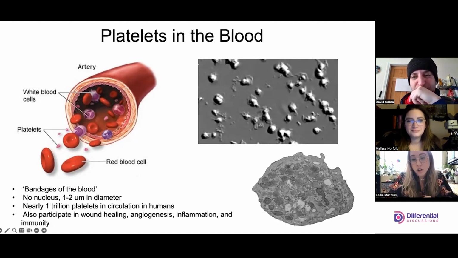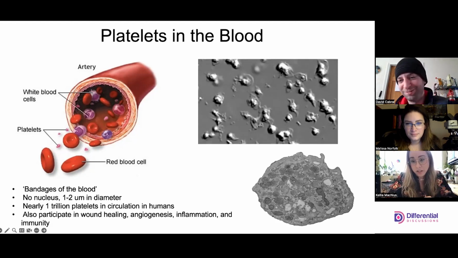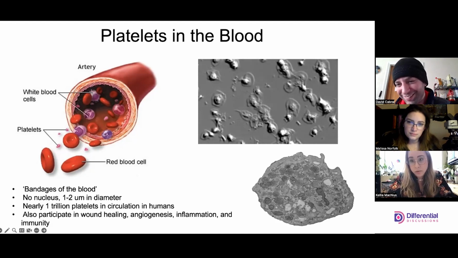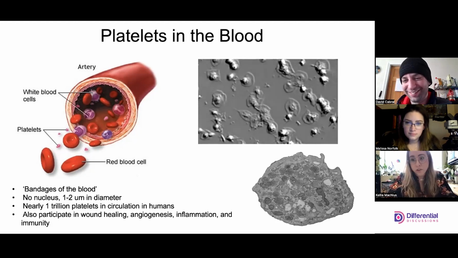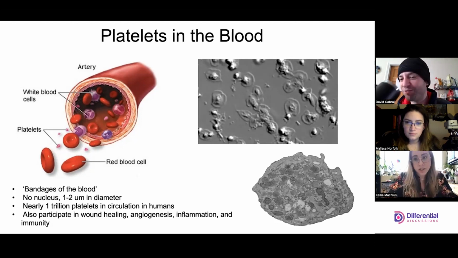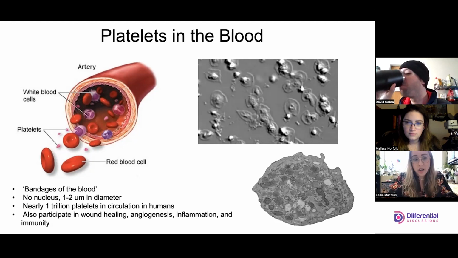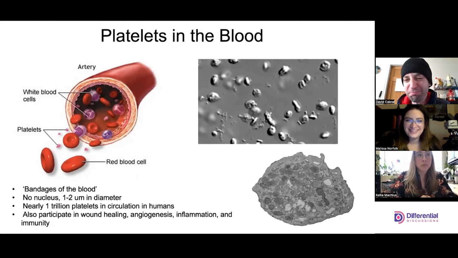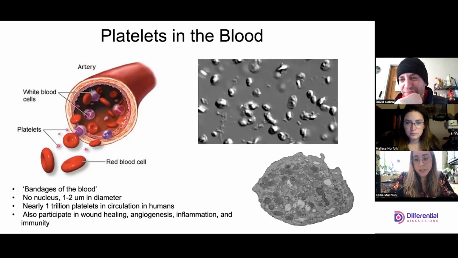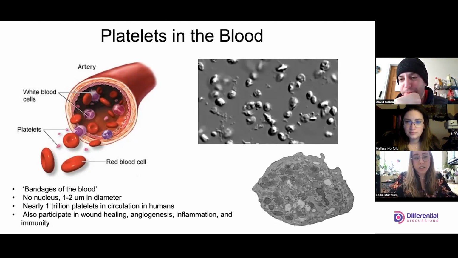This is a cross section of a platelet down here. This is a scanning electron micrograph, and these circles that you see are granules. These granules are full of proteins, and the kind of proteins in these granules are wild. They participate in all sorts of things. When the platelet is activated, it releases the granules.